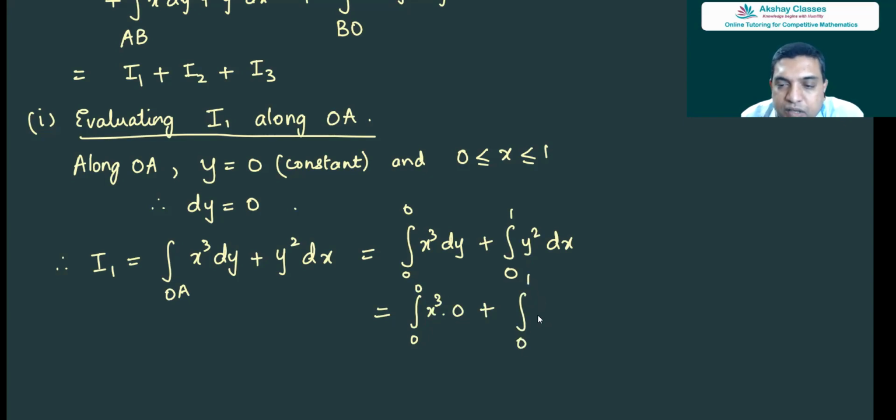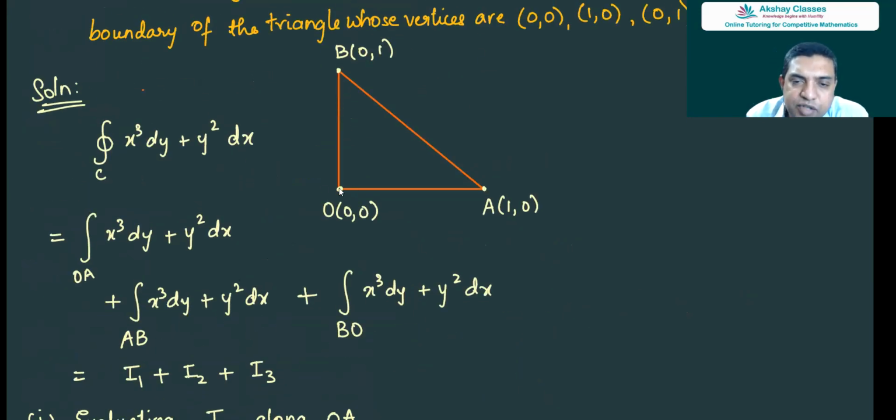Now from 0 to 1, y is 0 in this term, dy is 0 in this term. So we get 0 plus 0 equal to 0. So I1 is 0. The evaluation of this integral along OA is 0. This is done.